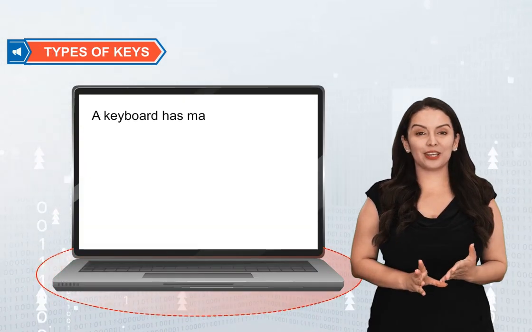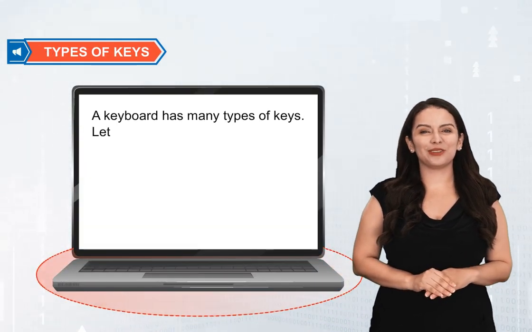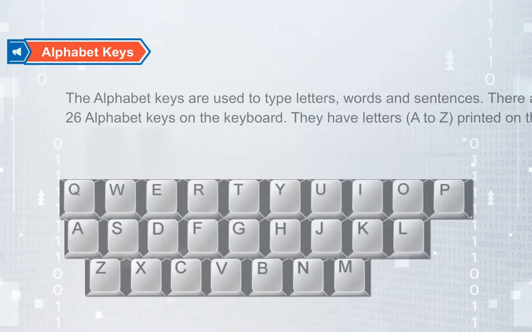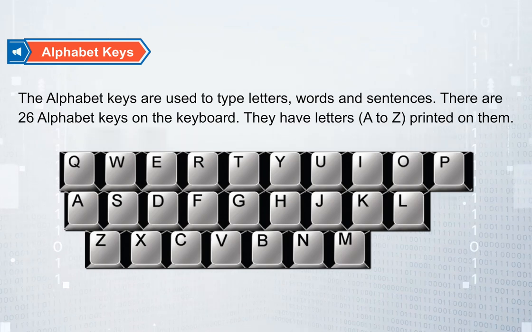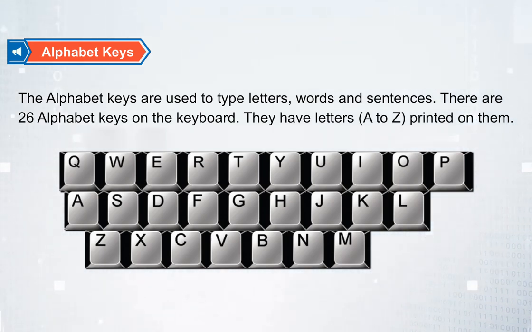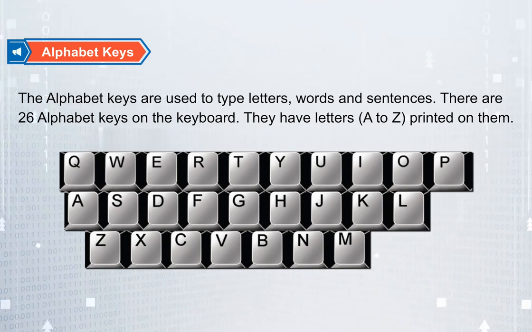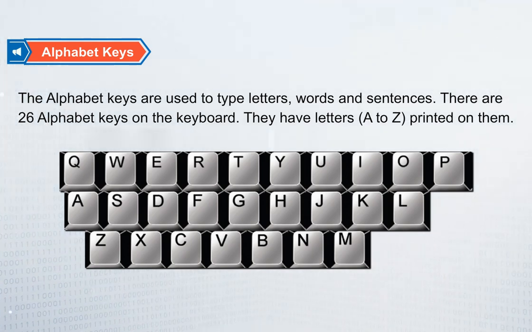Types of keys. A keyboard has many types of keys. Let us learn about them. Alphabet keys. The alphabet keys are used to type letters, words, and sentences. There are 26 alphabet keys on the keyboard.